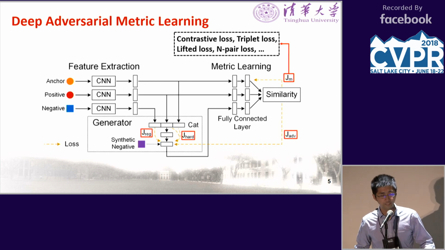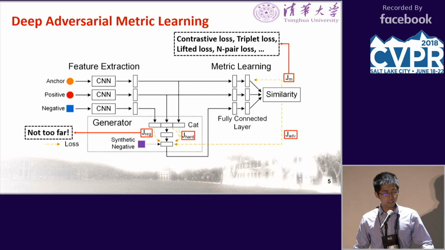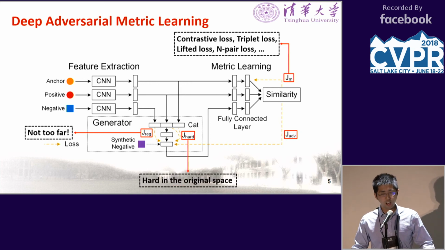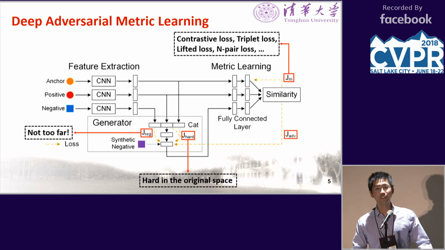J_reg, J_hard, and J_adv are for the generator. J_reg limits that the generated negatives should not be too far away from the original negatives. J_hard encourages the generated negatives to be hard in the original feature space.